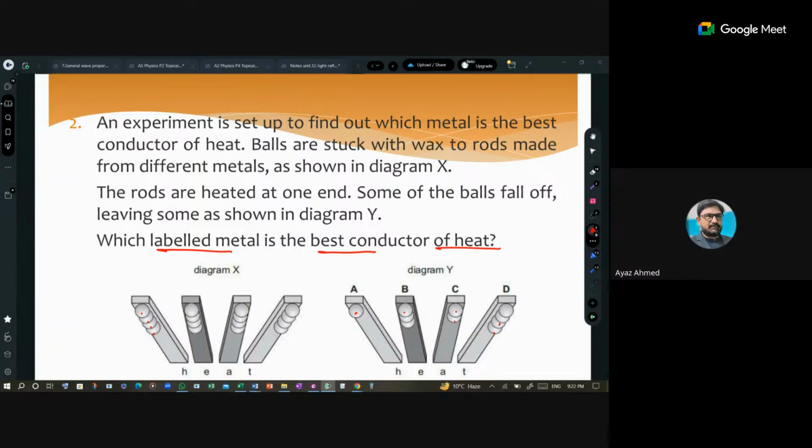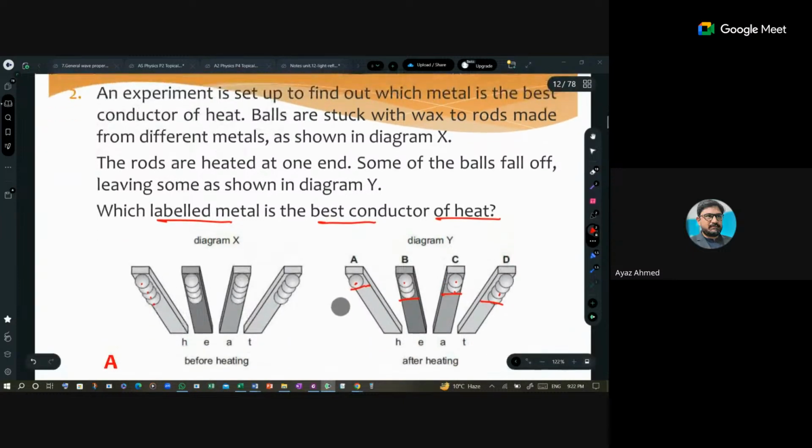Hassan, what's your choice? A. Good. If I ask for an explanation, will you be able to explain it? Yes, A is the right answer.